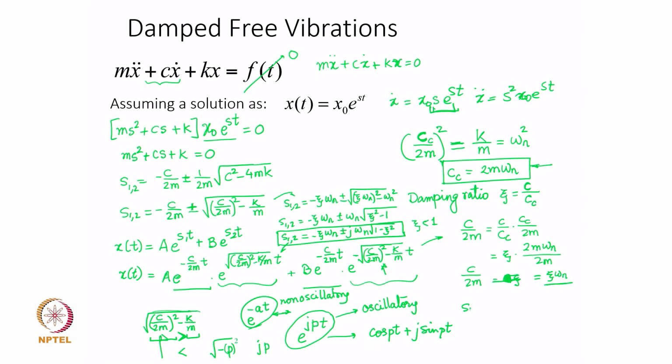So, the two roots for a damped vibration case are minus zeta omega n plus minus j omega d, where omega d is the damped natural frequency and is given by omega n into square root of 1 minus zeta square. So, these are the two roots of the vibratory system. Please make a note: single degree of freedom system, one natural frequency, two roots, and these two roots are complex conjugates.